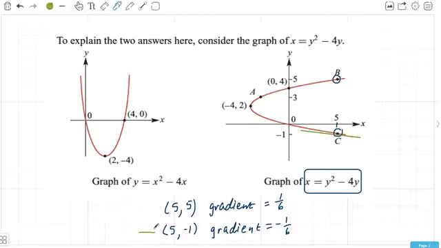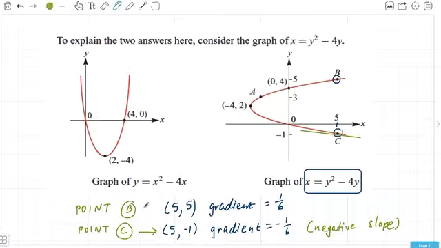You can see that on the graph. The other point, point B, is at (5, 5) in our function. You can see there's 5 and there's 5, and the slope there is going up, so we have a positive slope.